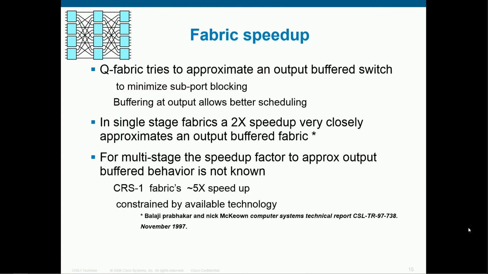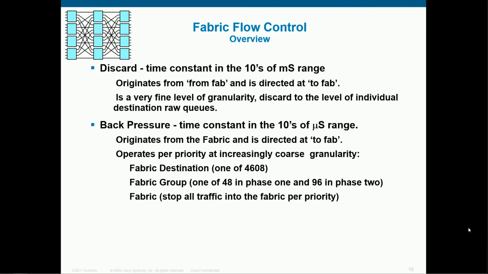That CRS fabric allows for up to 5 times the typical speed. That's been a huge thing. Discards, the time constant in tens. We're talking milliseconds. Back pressure, same thing. The fabric is not overly loaded, and it can scale easily.